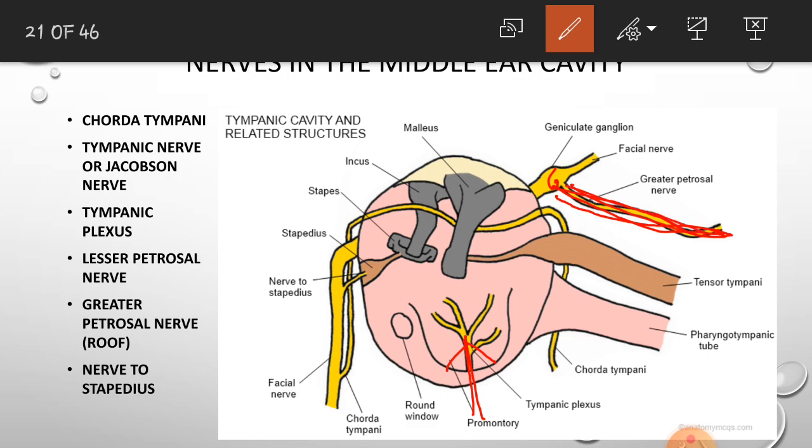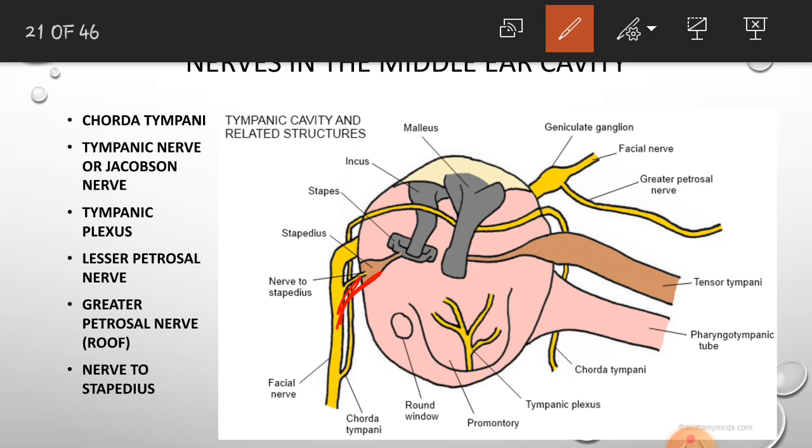Okay, then there is this facial nerve which passes through the bony canal for the facial nerve, horizontally in the medial wall and then vertically downwards in the posterior wall. And as you can see, while it is moving in the posterior wall vertically downwards, it gives a branch to the stapedius muscle here, which is called the nerve to stapedius.